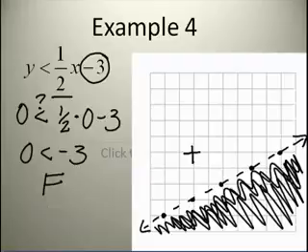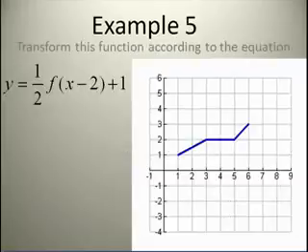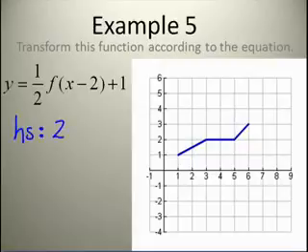Okay, let's take a look at example 5. On this one, I'm just going to take this little picture, the blue figure, and I'm going to translate it horizontally 2 units and vertically 1 unit.